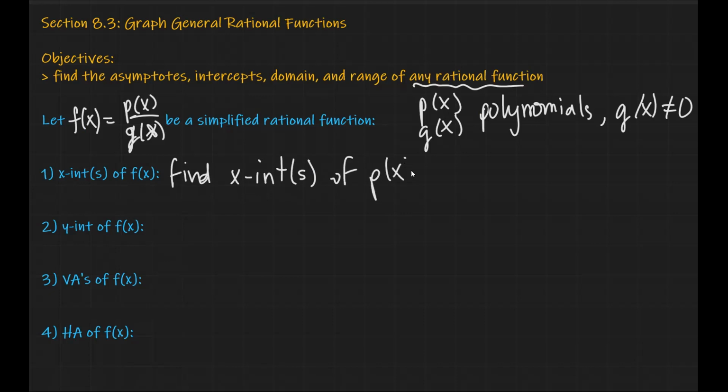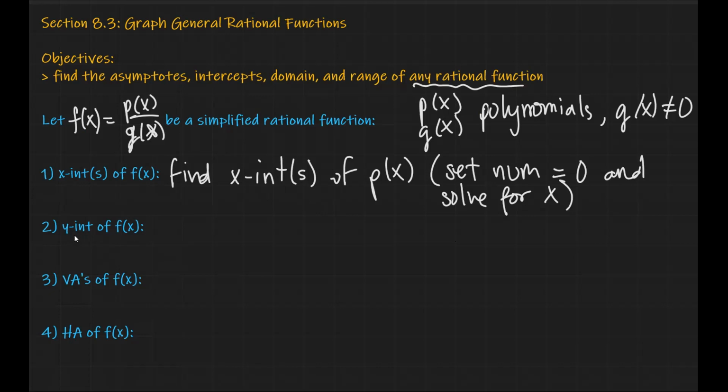The x-intercepts of f of x are the x-intercepts of the numerator function. So what are we going to do? We're going to set the numerator equal to 0 and solve for x. That's what we do to find the x-intercepts of f of x. So that means take our numerator, set it equal to 0, and solve for x.